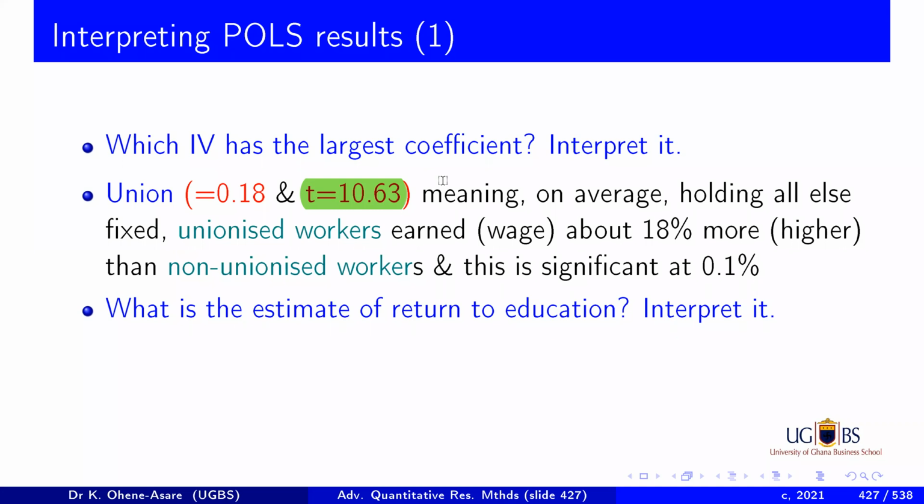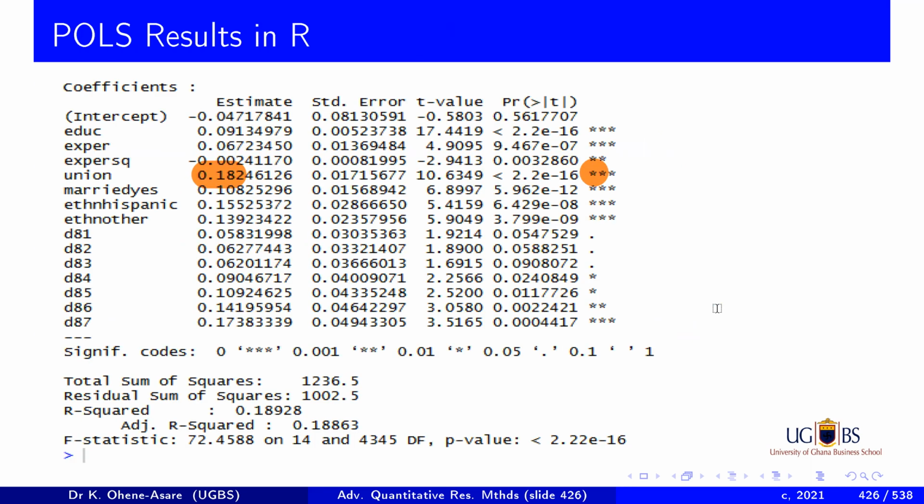All right. Now, what is the estimate of the return to education? And can you interpret that for us? Who can raise your hand and tell us the estimate of return to education?